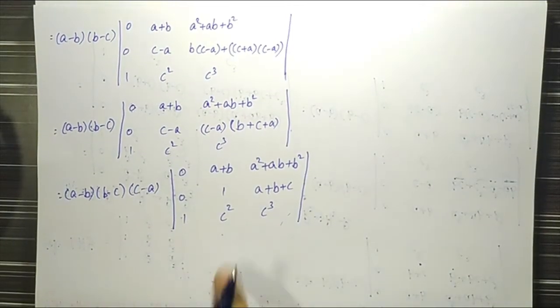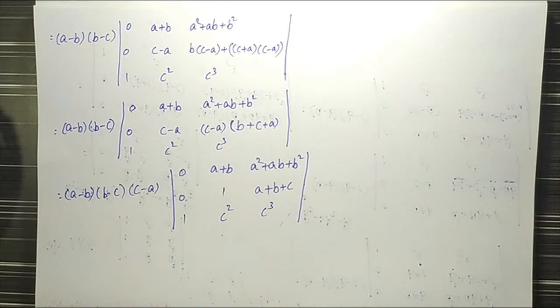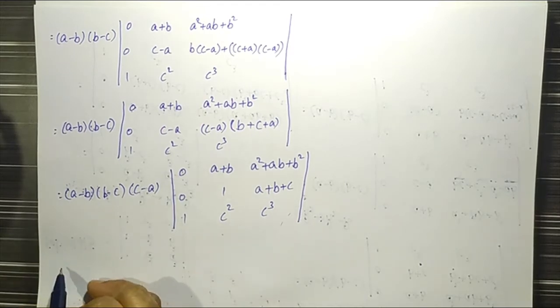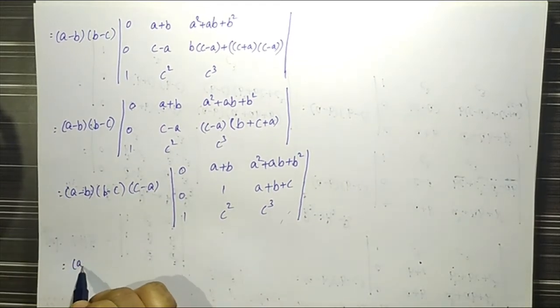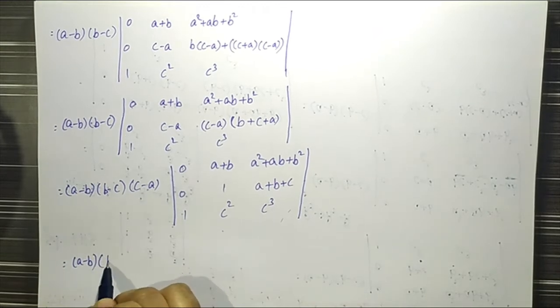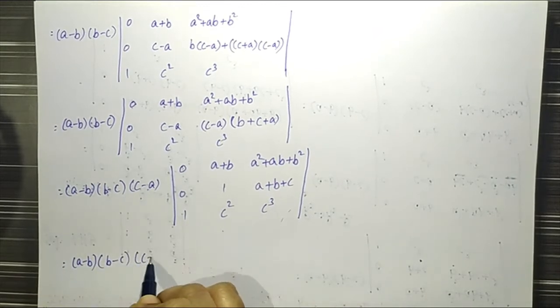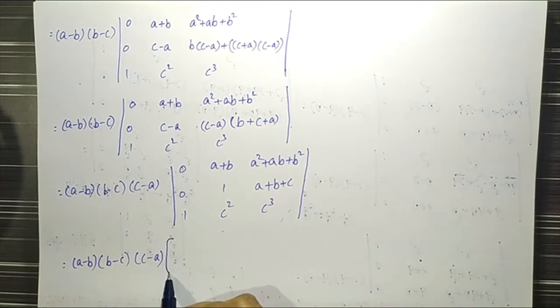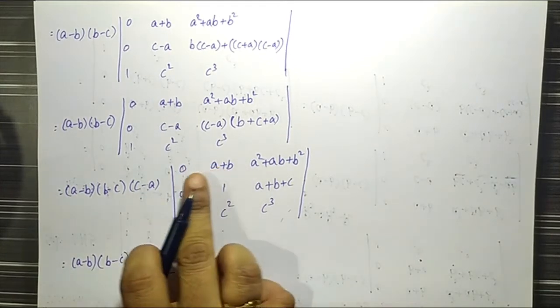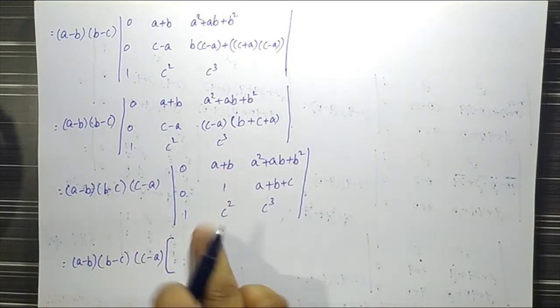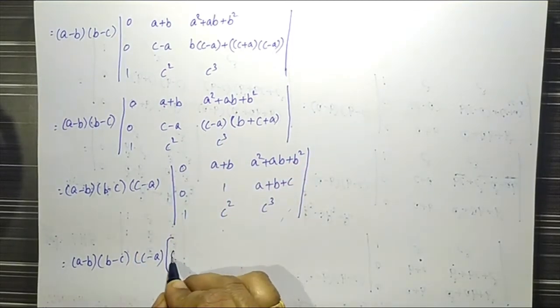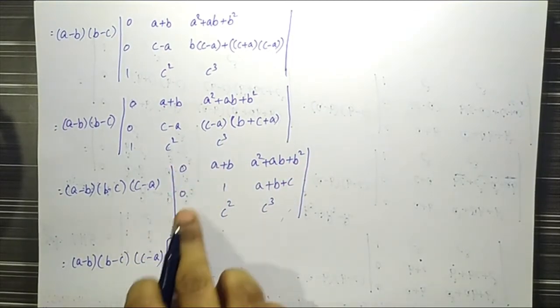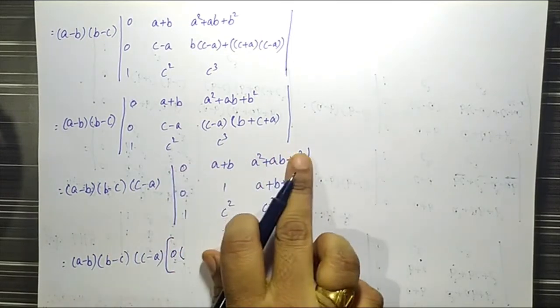Here we expand the determinant, then that is equal to a minus b into b minus c into c minus a, the determinant value. By using the first row, we have to determine the determinant: 0 into, so the first column would be deleted.